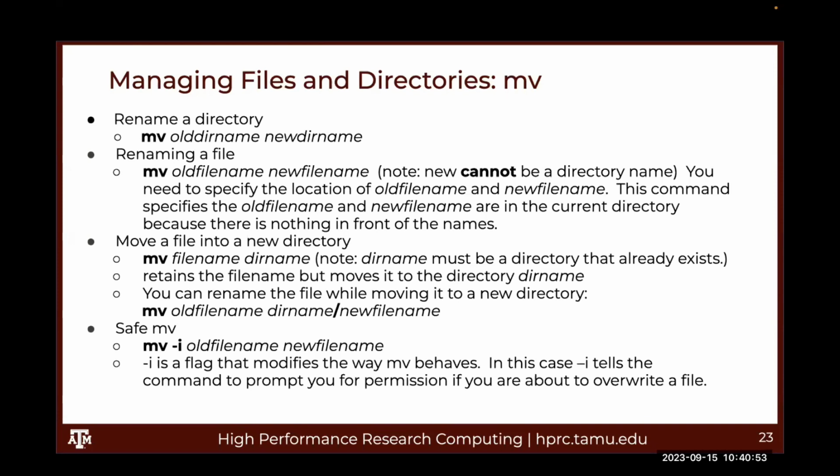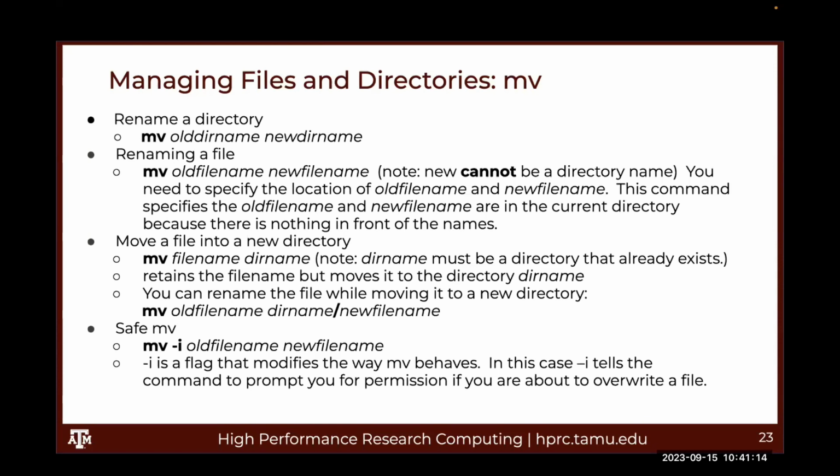All right, and then there's one flag in mv. I don't use this. The -i is a safe move. It asks for your permission to run the command, and then it'll ask for your permission if you are actually going to overwrite a file.